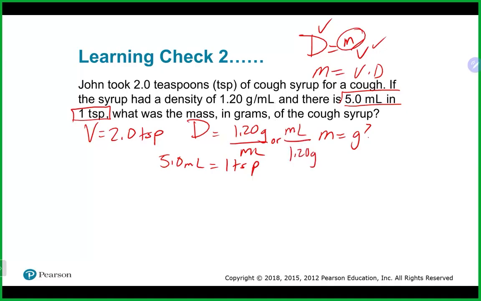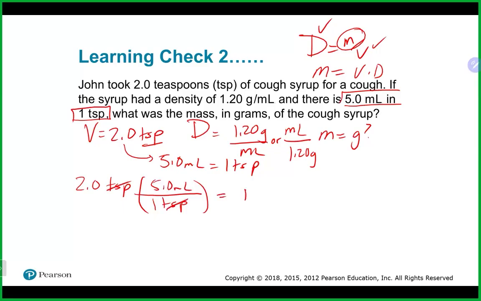Much like we talked about previously, though, our volume and our density is in milliliters, but it's in teaspoons here, which means we do need to do that conversion. So we can use this equality here to get it in the right units so that we can then use the density as a conversion factor. So we will do that first. 2 teaspoons, again, opposites canceling. We're going to go 1 teaspoon on the bottom, 5 milliliters up on top.